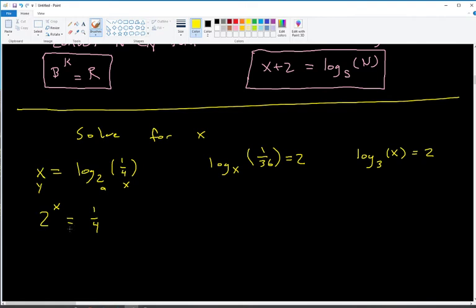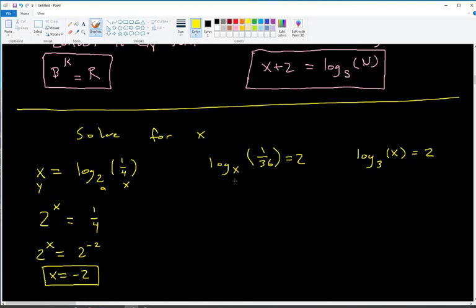So to solve it for x, I can rewrite 4 in terms of 2. So I get 2 to the x equals, 4 is 2 squared, but we have the fraction 1/4. So this would be 2 to the negative 2. 2 to the negative 2 is a fourth. So we can get this down to x equals negative 2 using the thing we did from last section. Same base, 2 to a power equals 2 to a different power. So the 2's drop and you get power equals power.